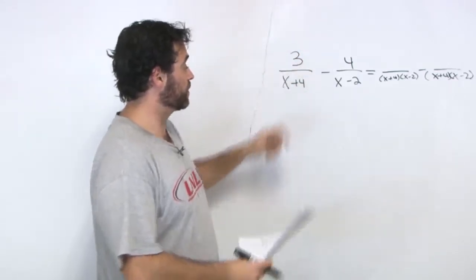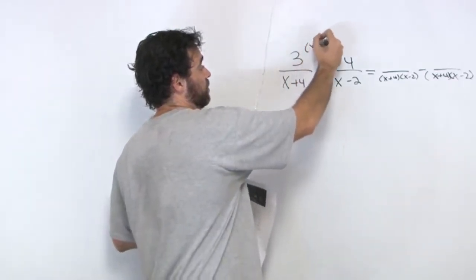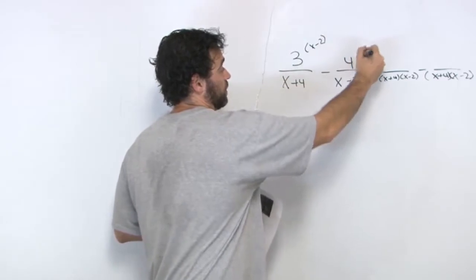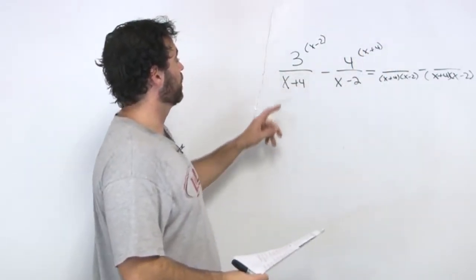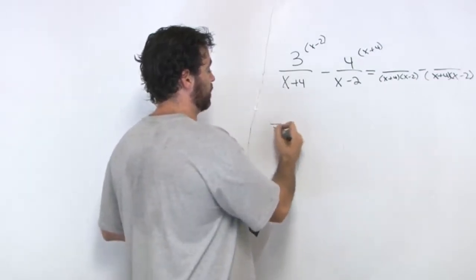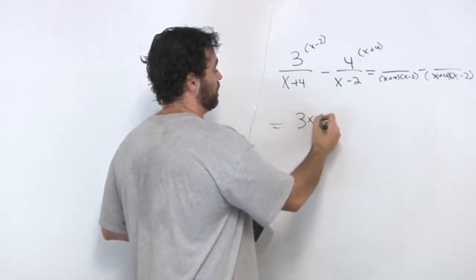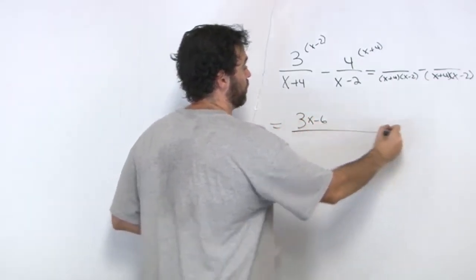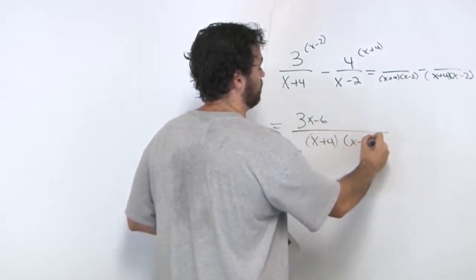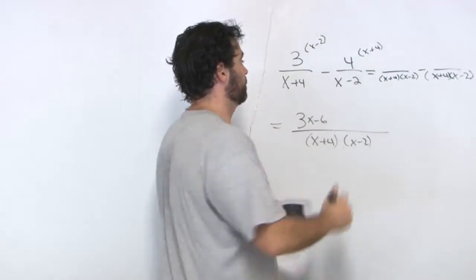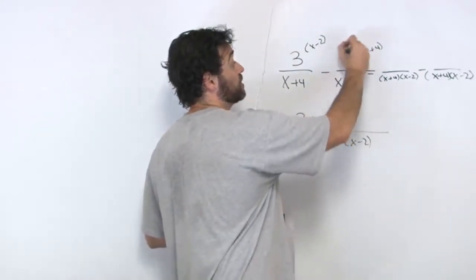Again, I'm going to multiply 3 times x minus 2 and then 4 times x plus 4. Okay? And what do we get on top? We're going to get 3x minus 6 over x plus 4, x minus 2. This becomes, treat this as a negative 4.